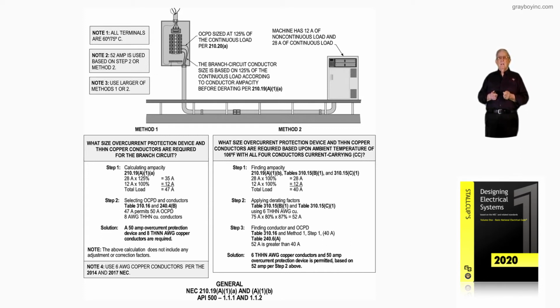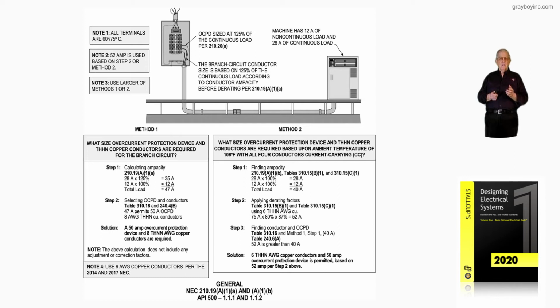310.16. Now, with that information provided, let's look at method 1, calculating the load at the left-hand top side of the illustration. And in step 1, we're doing our math. We take the non-continuous load at 100%, the continuous load at 125%, and we come up with 217.5 amps.